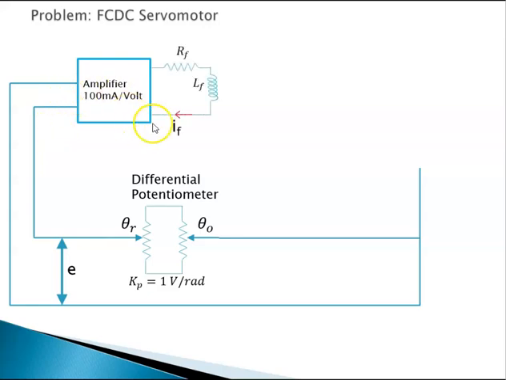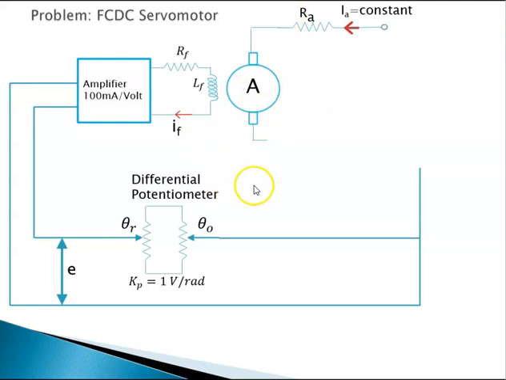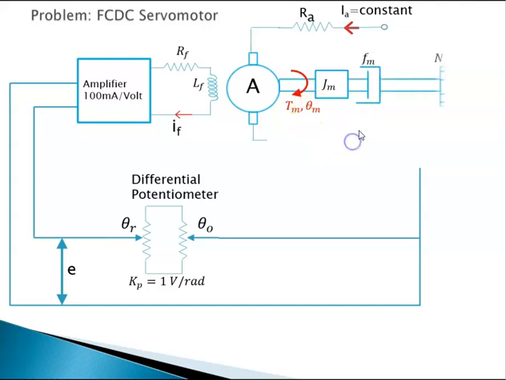This amplifier feeds the field and generates a field current, and you have armature with Ia constant, then you have motor inertia, and then this motor is turning with a torque Tm and angular displacement theta m. You have a viscous damping. All this motor shaft is connected to one gear with number of teeth N1, radius R1.